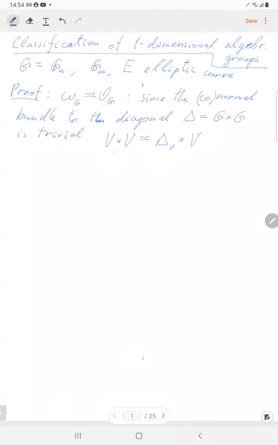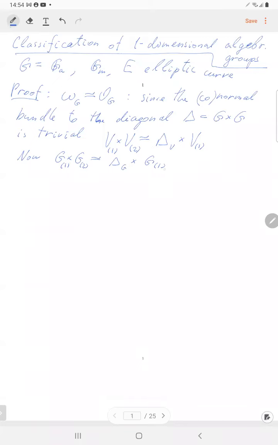It is the same V, just two copies, and this was true. It works for the same price here. I mean, G times G is isomorphic, well, again, the first copy and the second copy is isomorphic to the diagonal times, say, the first copy. And it implies that the normal bundle to the diagonal is trivial.